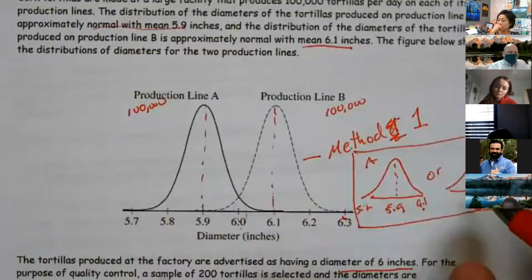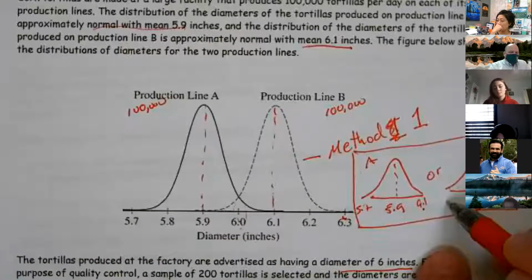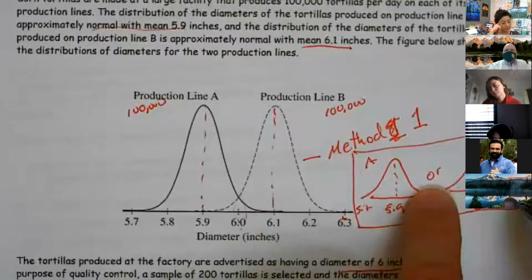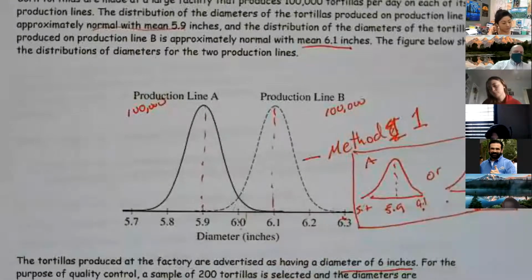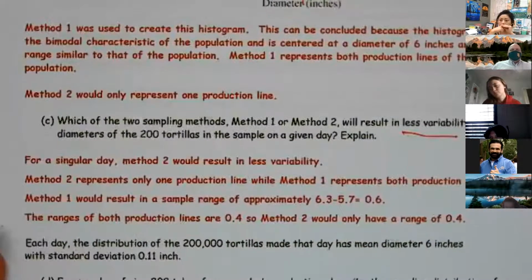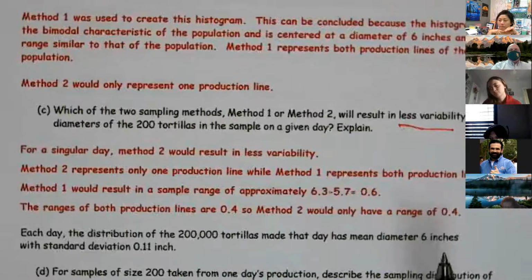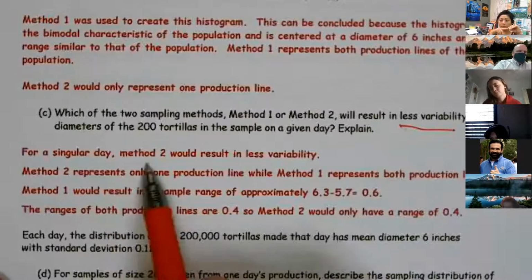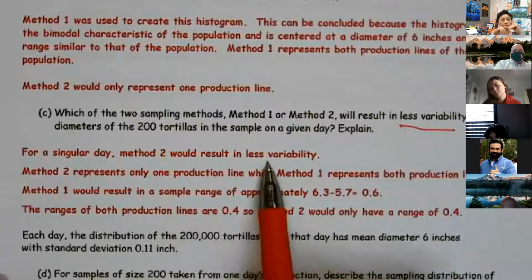Or if I had line B, it would be 5.9 to 6.3, again, much shorter. So for any one day, method 2 would result in less variability.